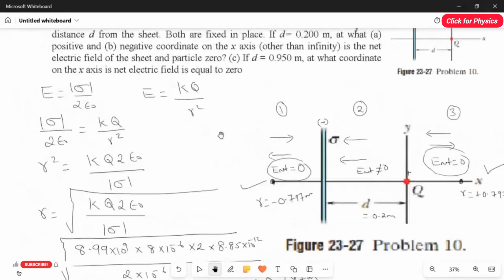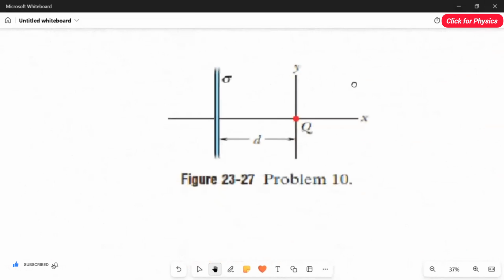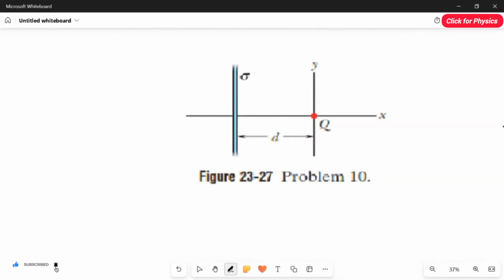But when you come to the third question, now we change the distance to 0.95 meter. You can see this diagram. Now the value of D here is 0.950 meter. So now we are going to fix the value R equal to plus 0.797 meter and R equal to minus 0.797 meter on this axis.